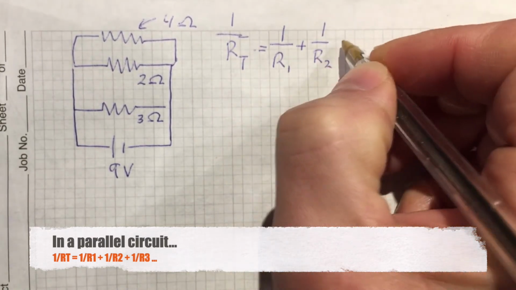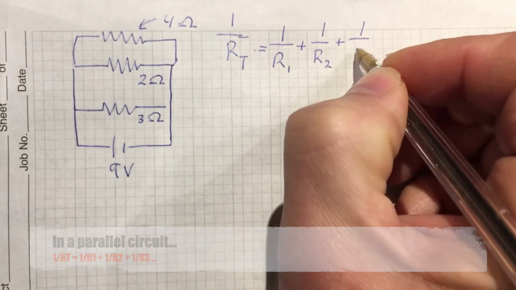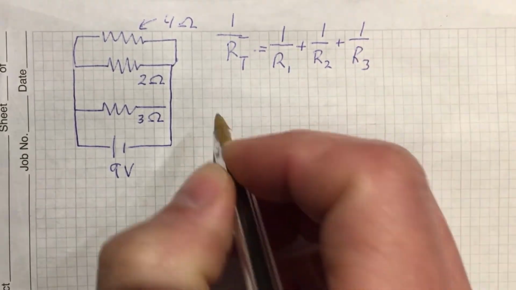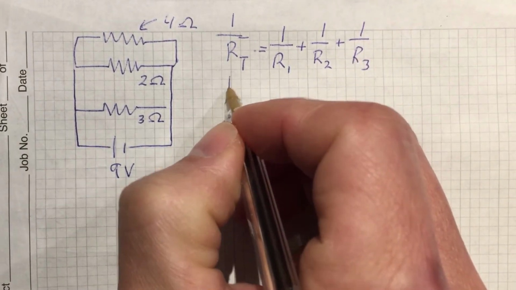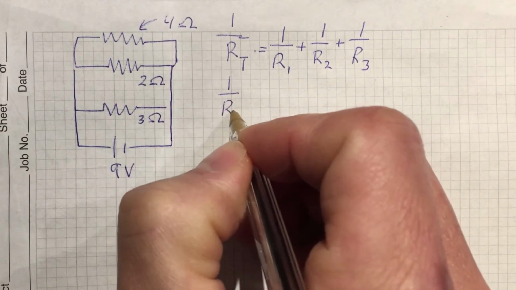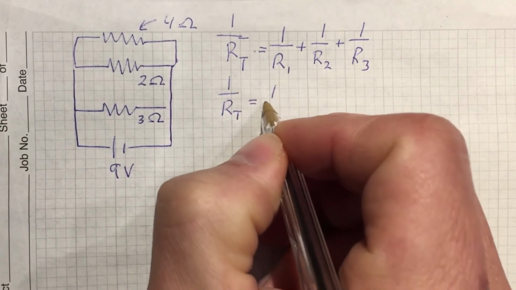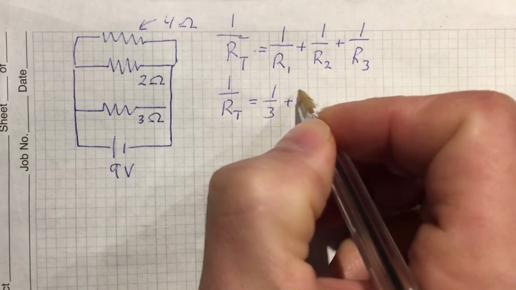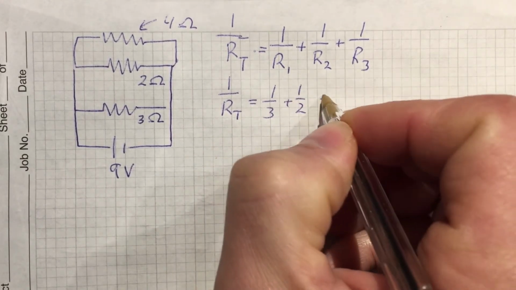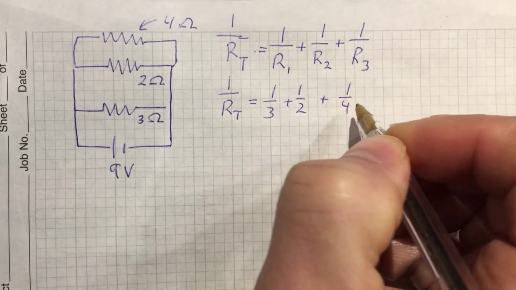So in this case, 1 over R1 plus 1 over R2 plus 1 over R3. So if we look here, we could say 1 over our R total is going to be 1 over 3 plus 1 over 2 plus 1 over 4.